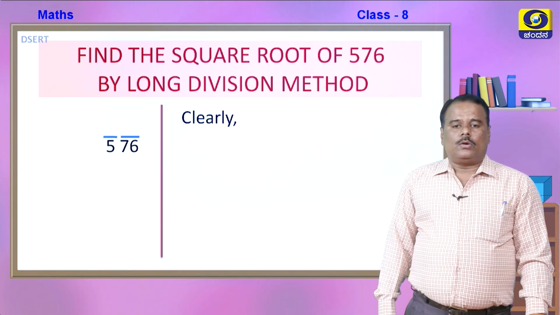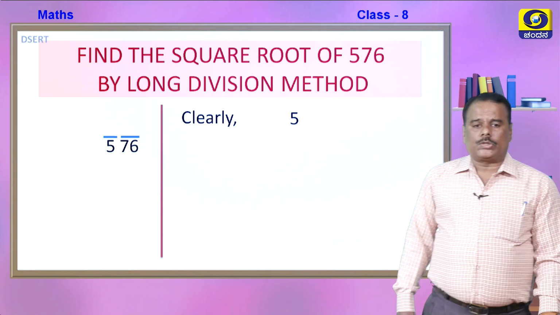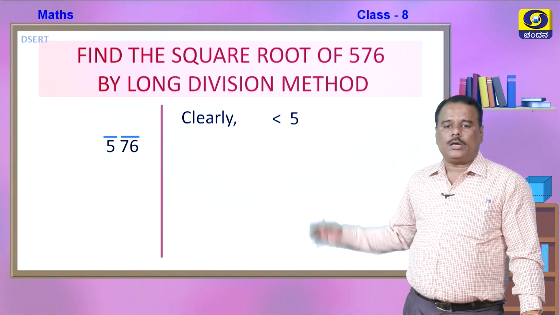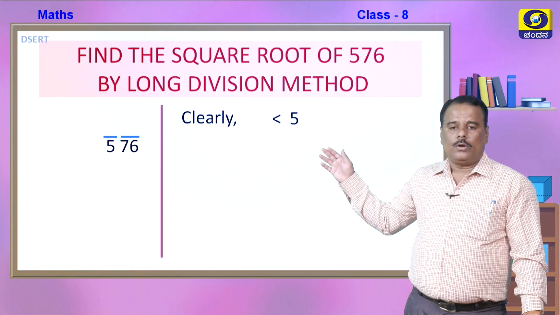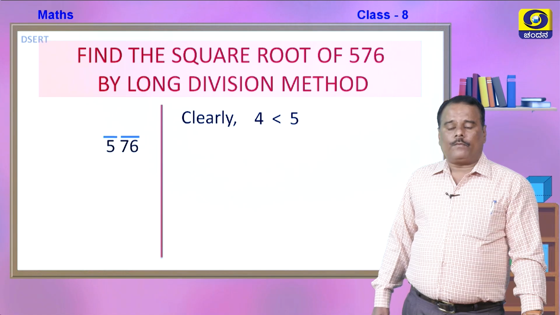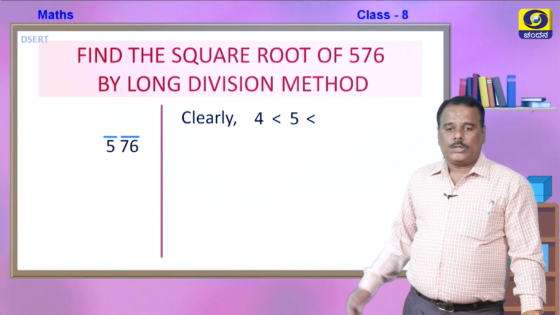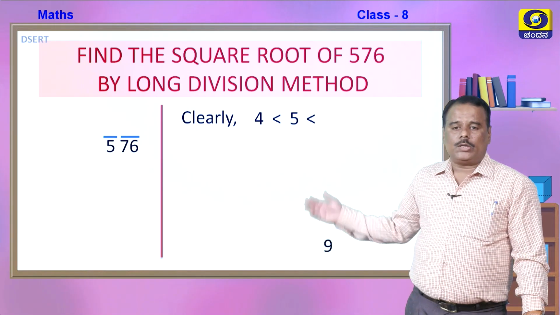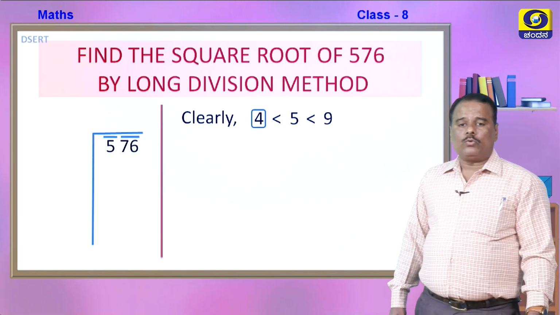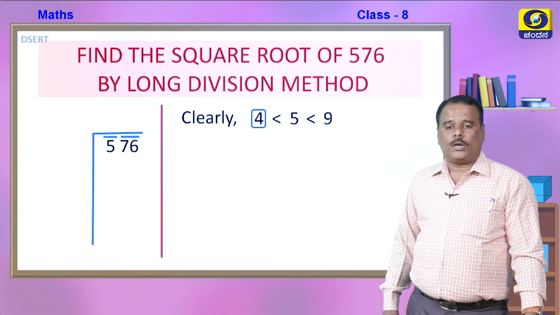So, what are those 2 digits? Let us take the first group, that is 5, the hundreds place number. Now, 5 is greater than the perfect square 4 and smaller than the perfect square 9. So 5 lies between two consecutive perfect squares, 4 and 9.